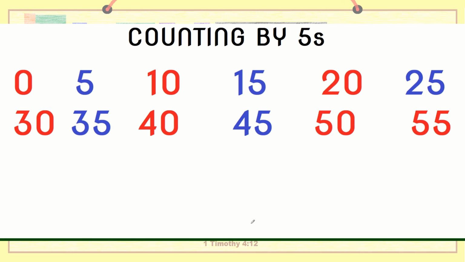So if we wanted to count by fives, we're going to go straight to 5, 10, 15, 20, 25, 30, 35, 40, 45, 50, 55, 60, 65, 70, 75, 80, 85, 90, 95, and 100.